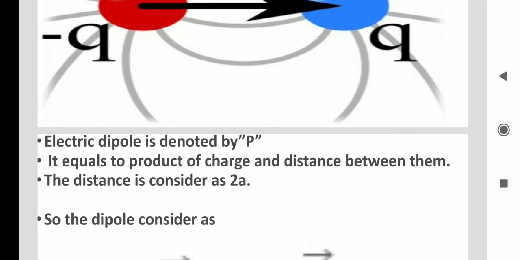Electric dipole is denoted by the symbol p and it equals the product of charge and the distance between them.